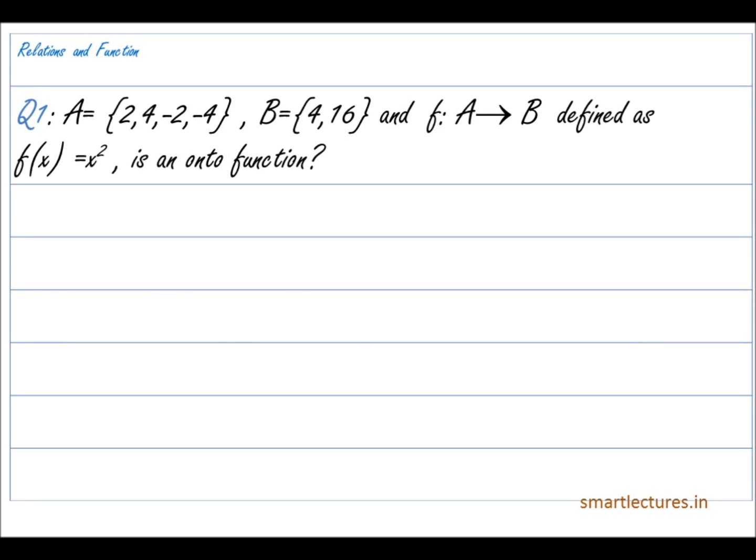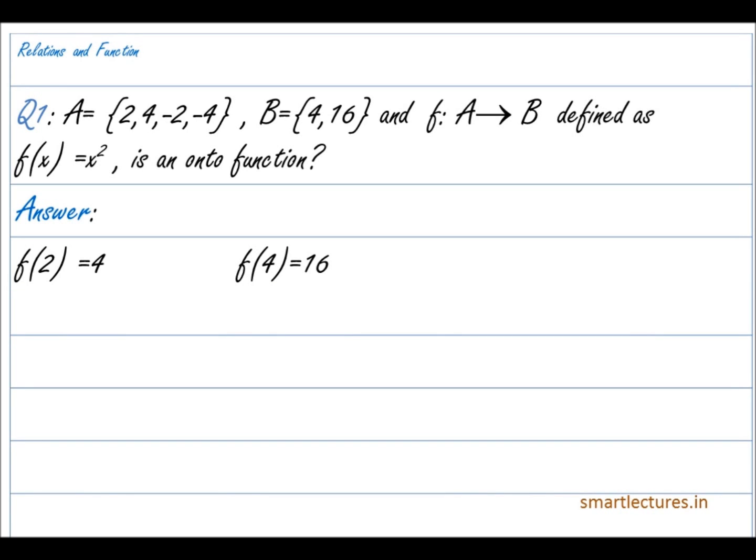Let's find the value of this function for all values of set A. Now f of 2 is equal to 2 square, that is 4, and f of 4 is equal to 4 square, that is 16. f of minus 2 is equal to minus 2 square, that is again 4, and f of minus 4 is equal to minus 4 square, that is 16.